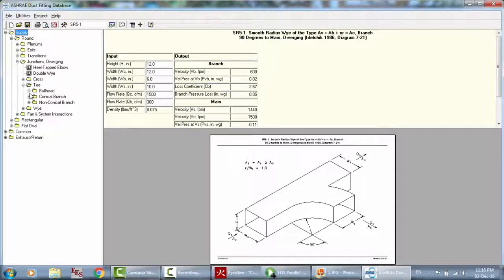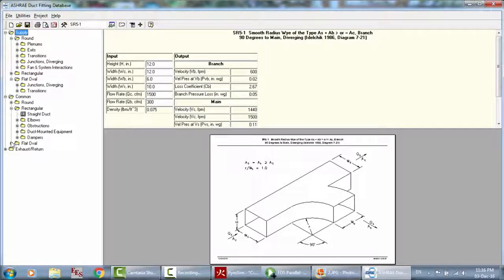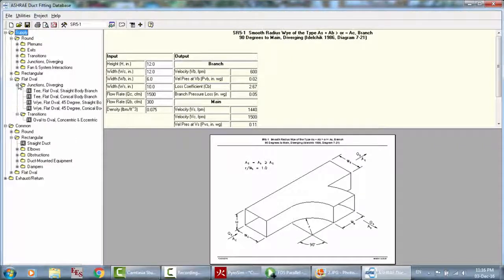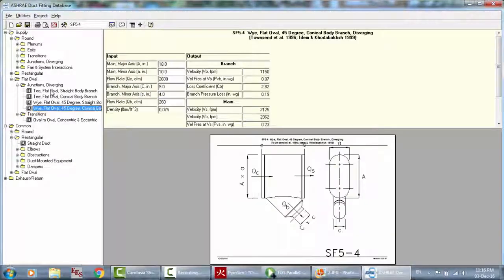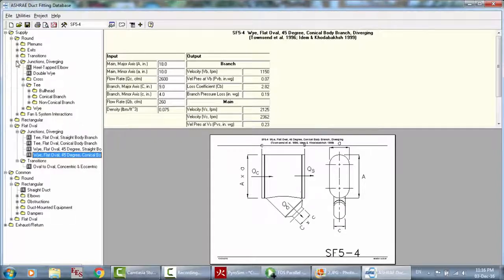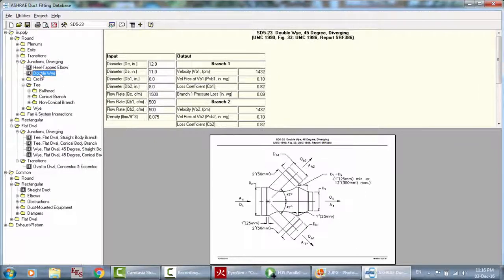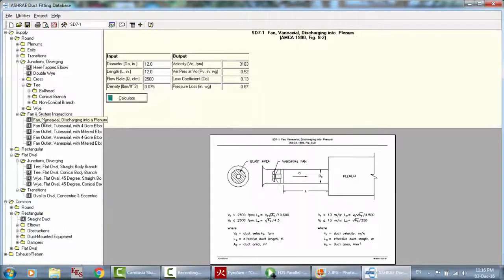So you have to determine what you want, and here prefer the oval duct, and the common, round, rectangular, flat oval. And in here junctions, T flat, junctions here double Y, and many things. You can find many things.